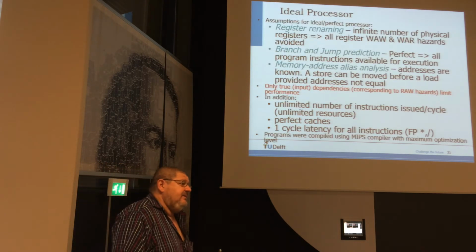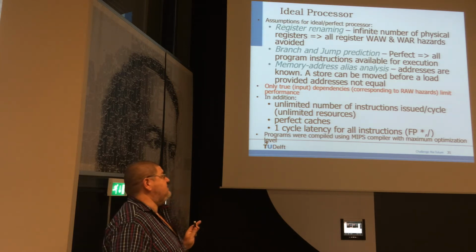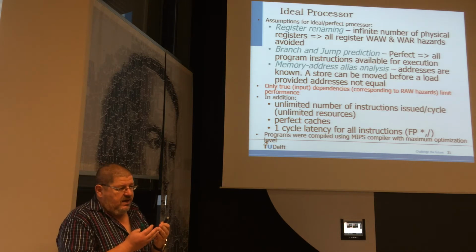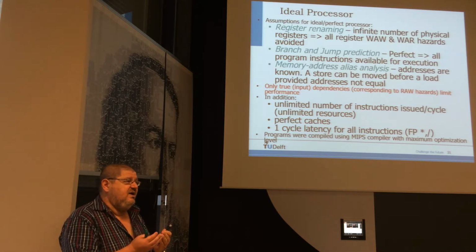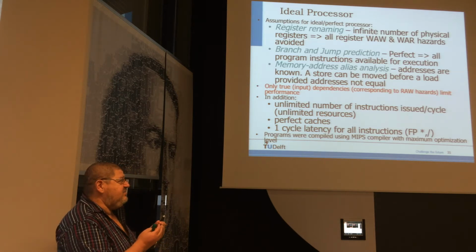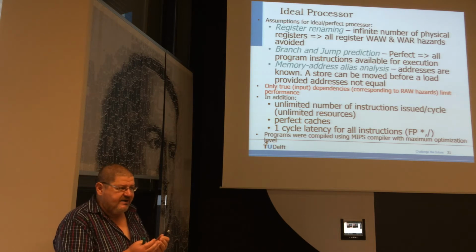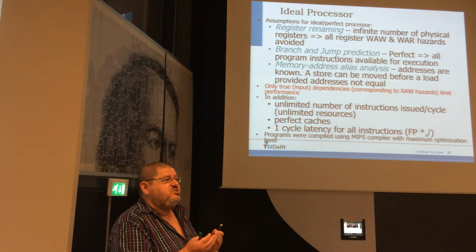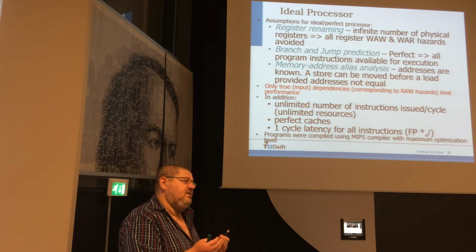To understand the implication of various choices on a multiple issue superscalar processor, we can do some nice simulation experiments, and as we did for the branch prediction, we start with what is called an ideal processor.